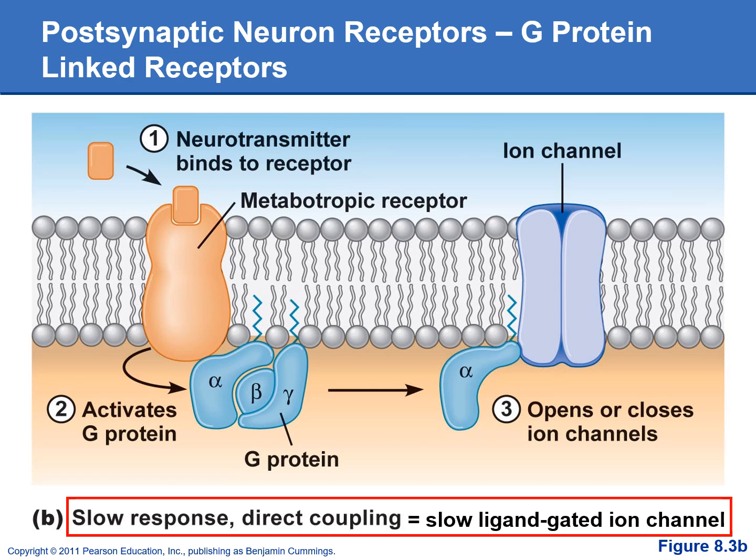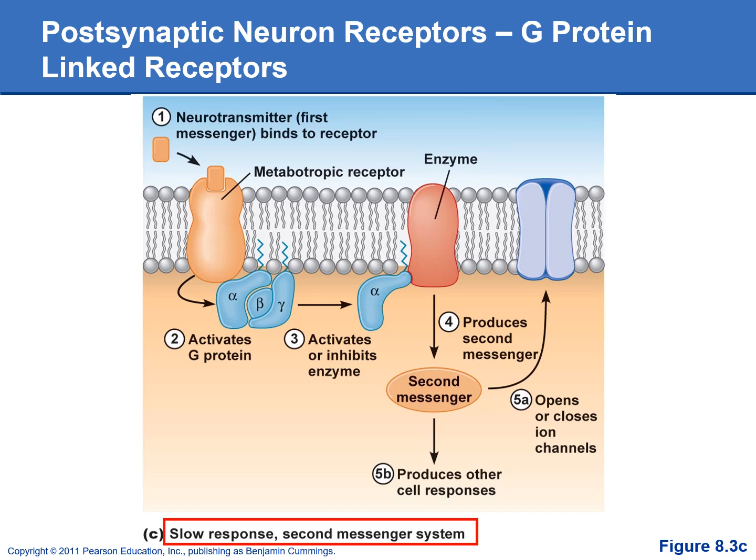And the other thing that the G protein could do is turn an enzyme on or off. And then the enzyme will activate a second messenger system, and the second messenger could produce a cell response by maybe phosphorylating some proteins, or maybe the second messenger will open or close an ion channel itself. So that would cause a response.